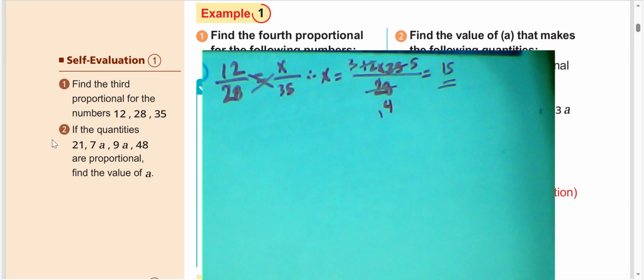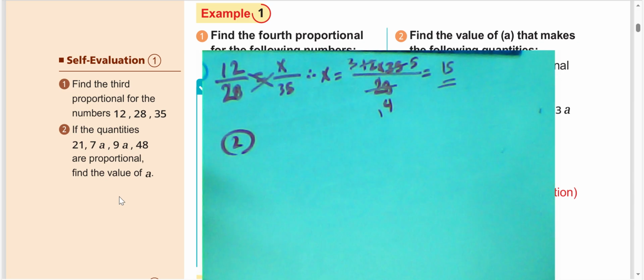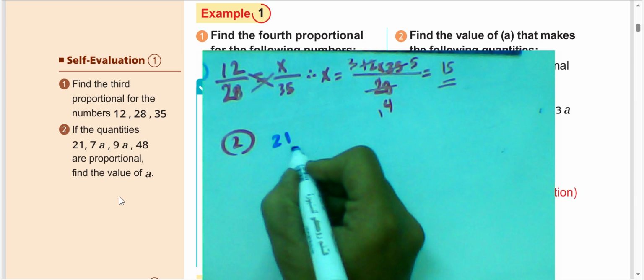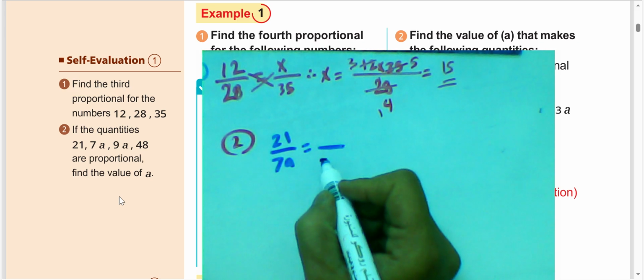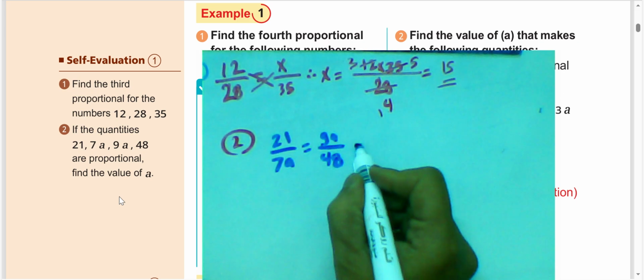Next, question number 2. If the quantities 12, 21, 7A, 9A, 48 are proportional, find the value of A. Okay, we can write the ratio of the first over the second equals the third over the fourth. Then 21 over 7A is equivalent to 9A over 48.